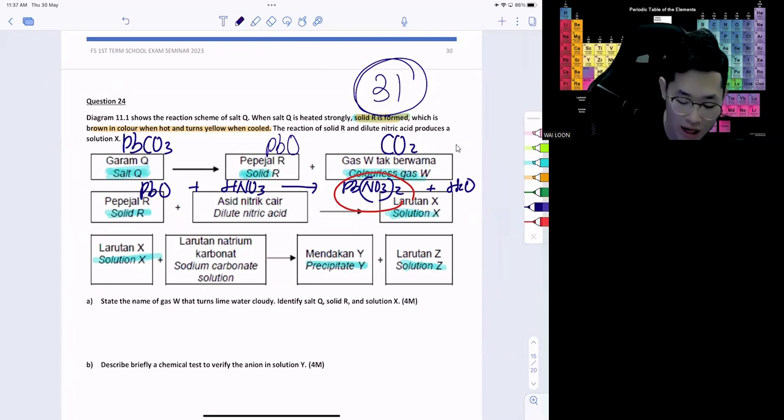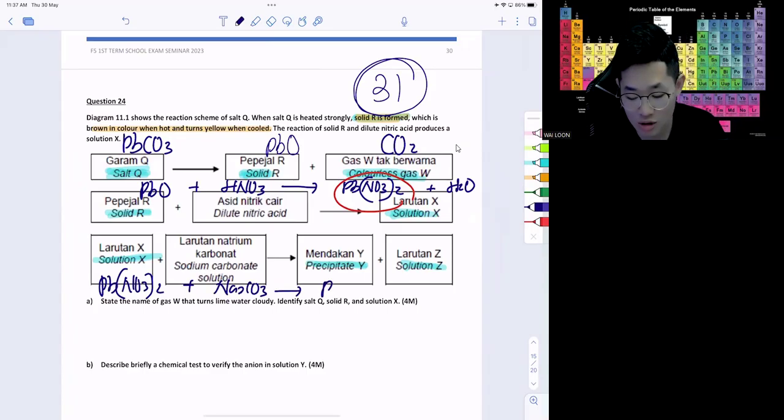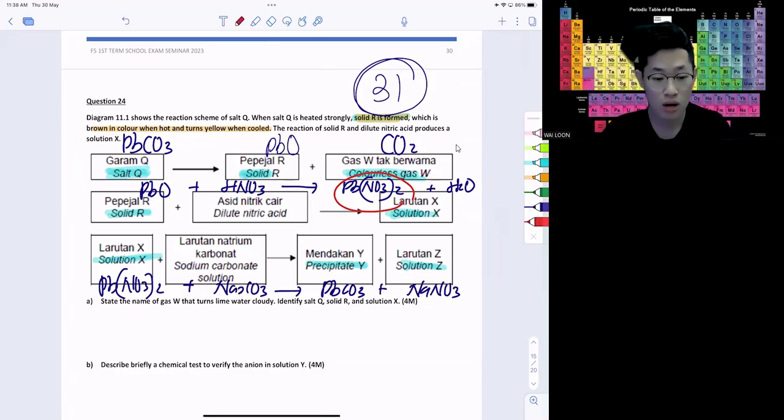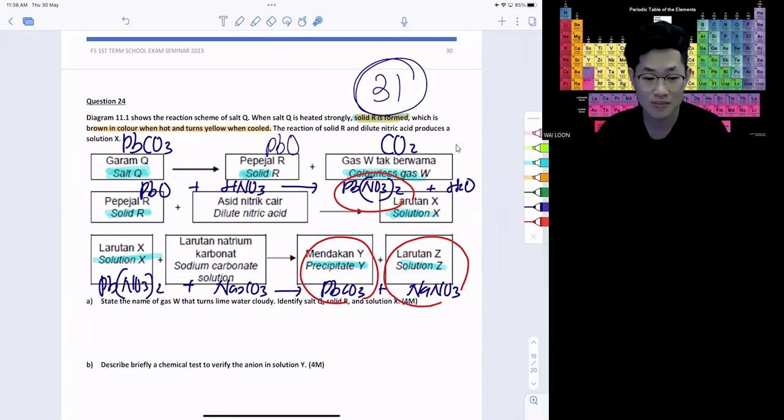Once we got our lead-2 nitrate, we react it with sodium carbonate to get lead-2 carbonate and sodium nitrate. How do I know which substance should be precipitate and which should be solution? Precipitate is always the insoluble one, so lead-2 carbonate is insoluble, while the solution is soluble.